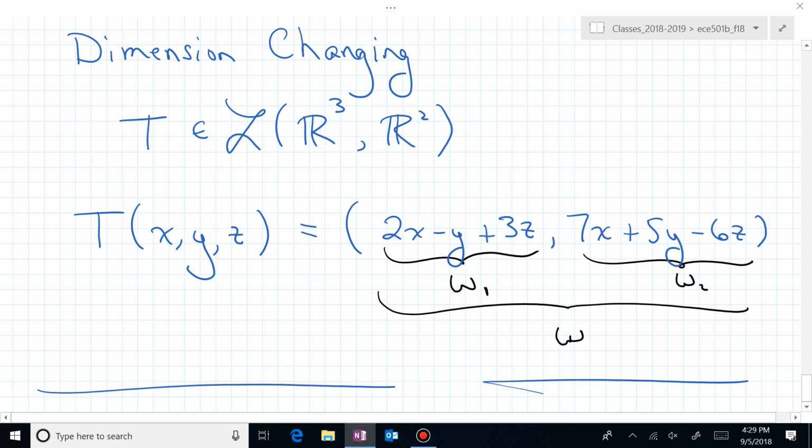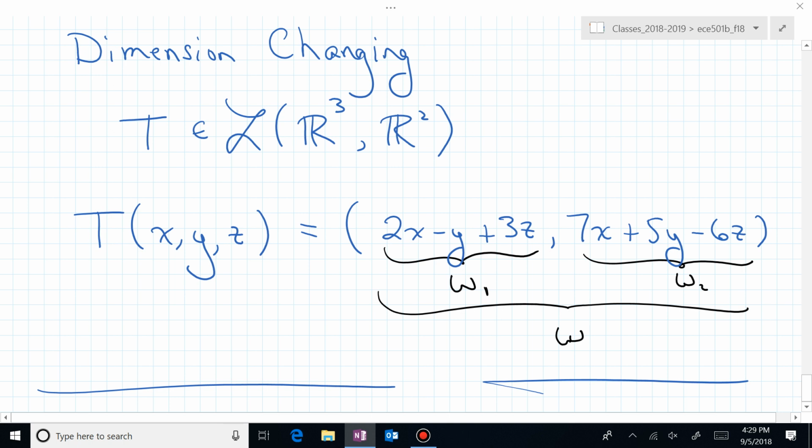But this is now a linear map from an input vector x, y, z, to an output vector w1 and w2, where w1 and w2 are combinations of the 3 coordinates of my input vector. Is that clear? So now this is another way of writing that 2 by 3 matrix.